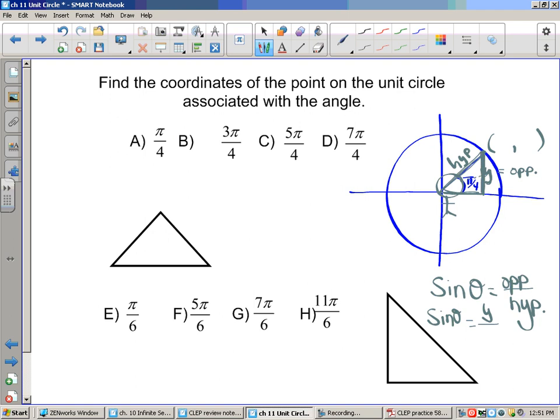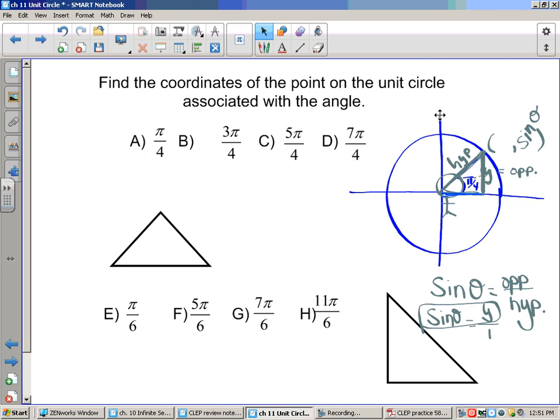That's what this measure is. And the hypotenuse, if we're talking about the unit circle, is 1. So what I am telling you here is that the y part of the coordinate is the sine of that angle.